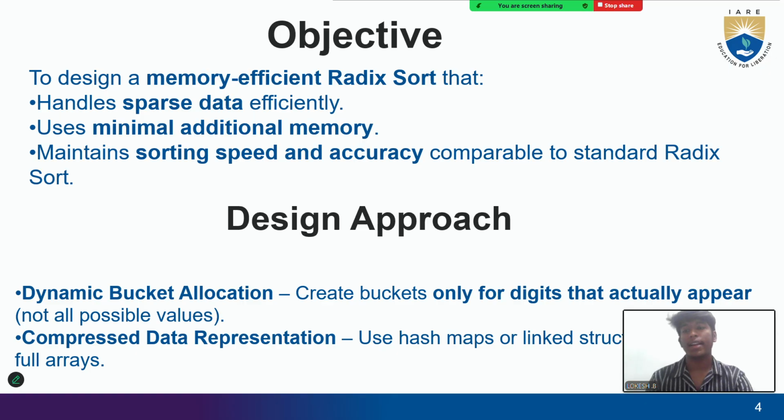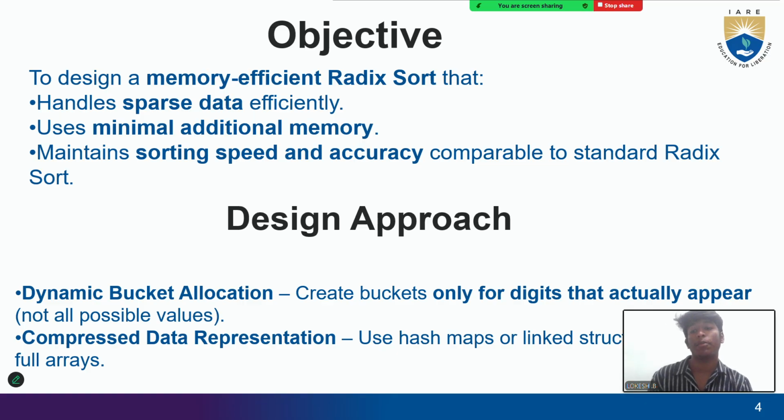The memory is limited because the static standard radix sort uses more memory. In this we use dynamic bucket allocation, which means it creates a bucket only for the digits that appear, not for all digits. In the standard version, it creates buckets for all digits.